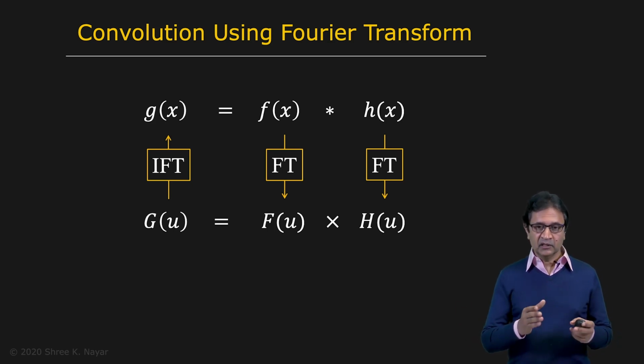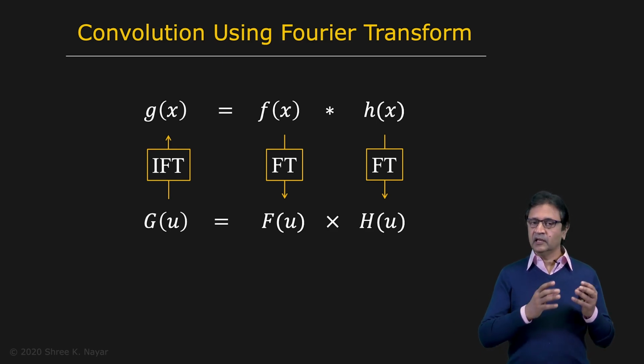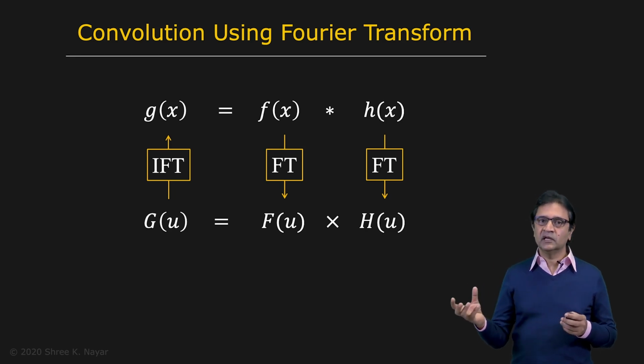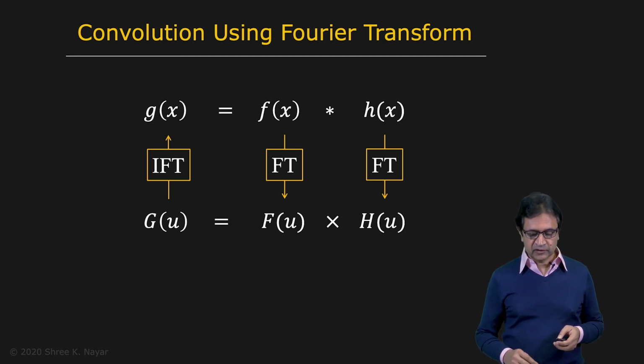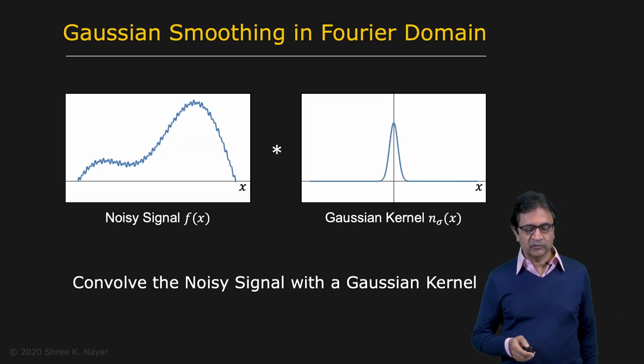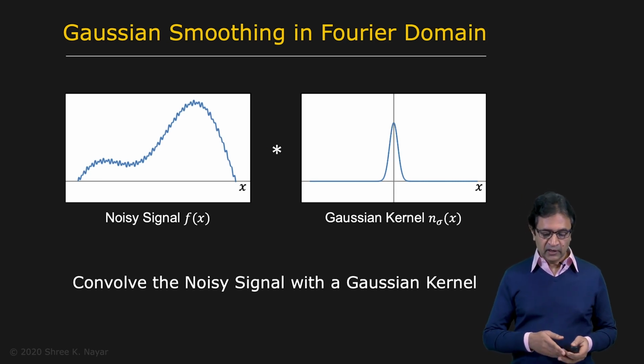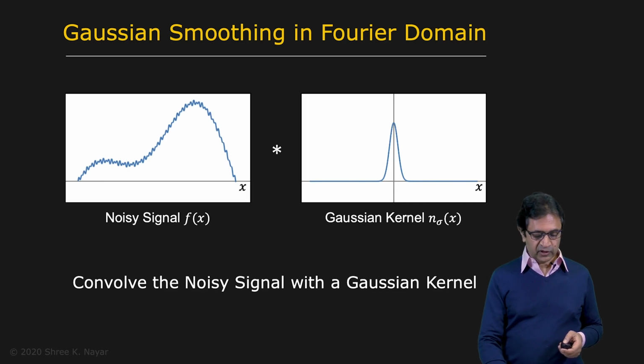In addition, this allows you to understand the effects of applying a filter. Any filter that you design in spatial domain, you can see what it really does to the frequencies in frequency domain, and vice versa. So let's look at a very simple example which we talked about before, which is Gaussian smoothing in frequency domain or Fourier domain.